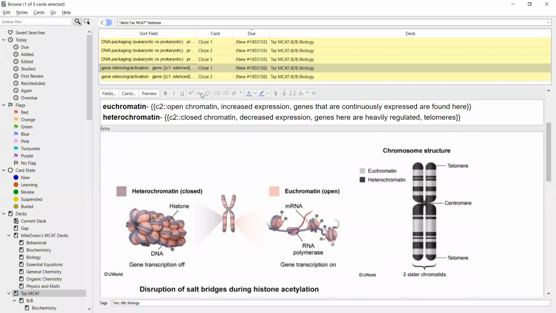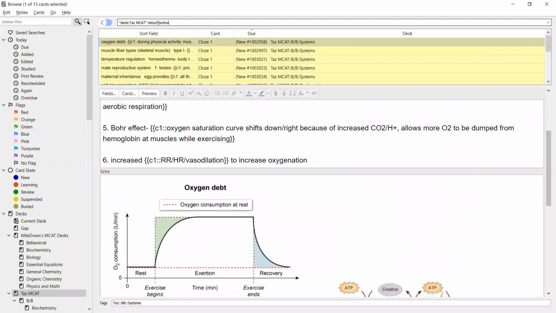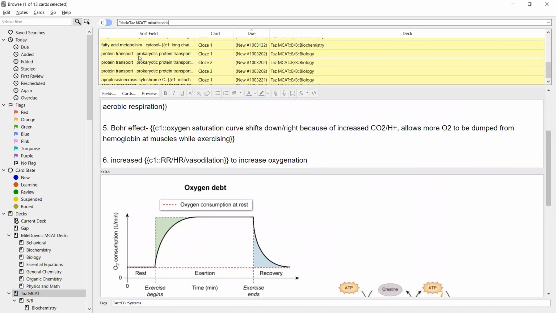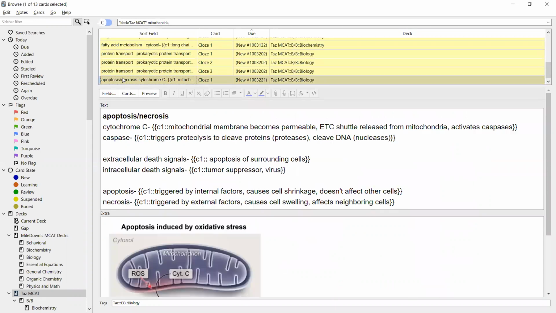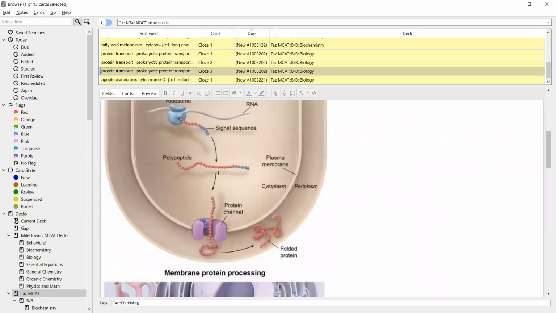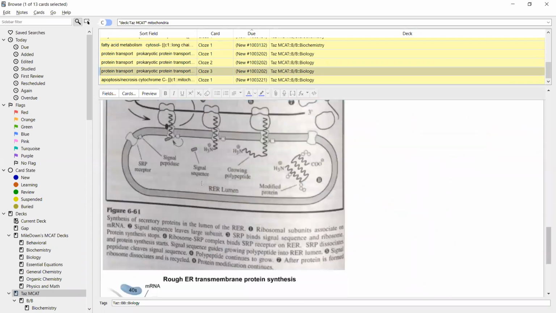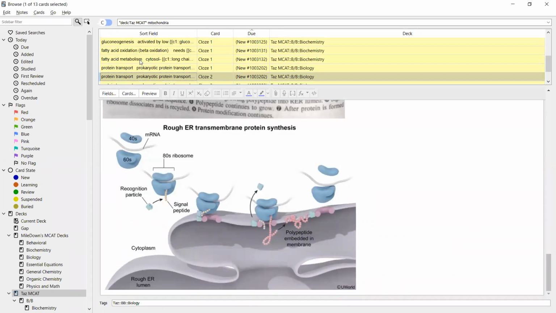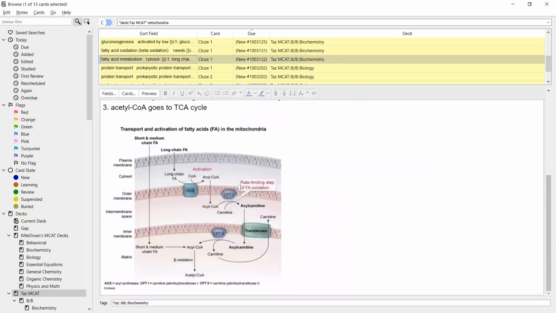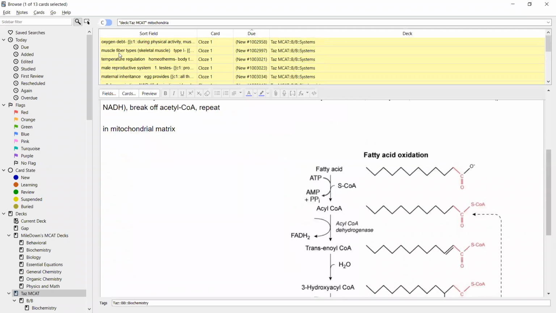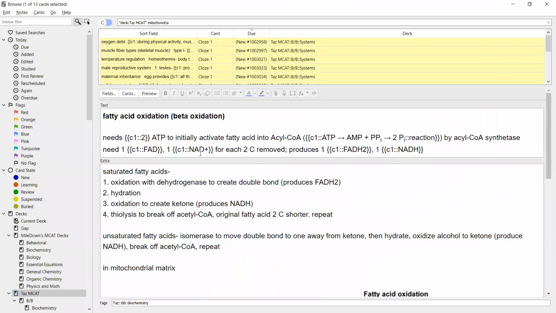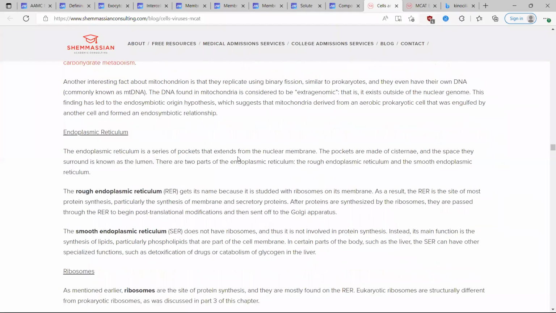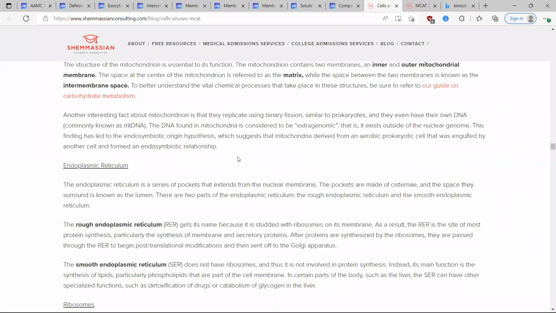We talked more about that when we talked about metabolism. Let's see if I can find it. No, this isn't what I want. No, that's fine. Okay, so metabolism.